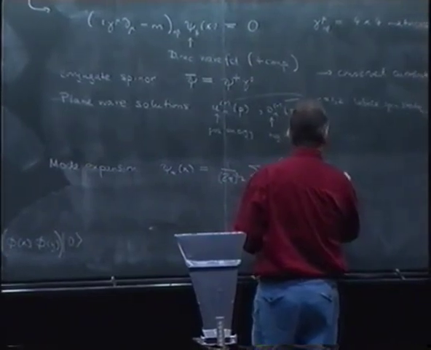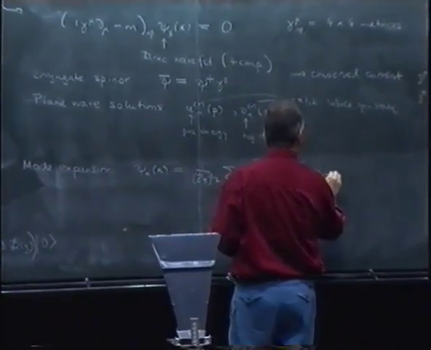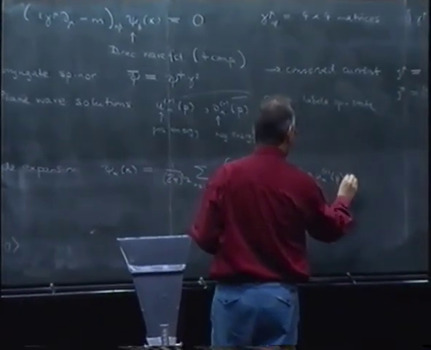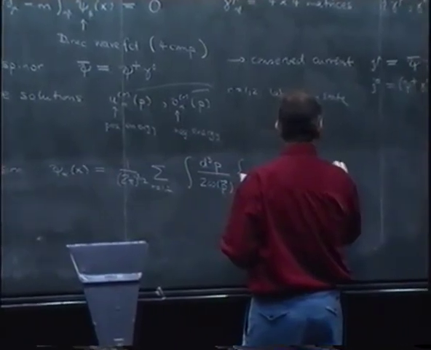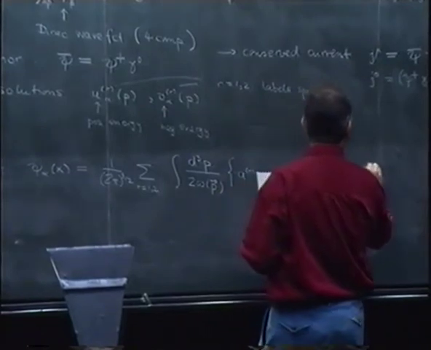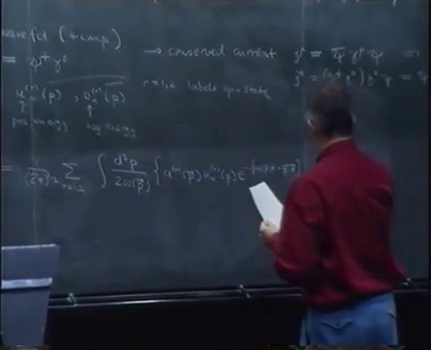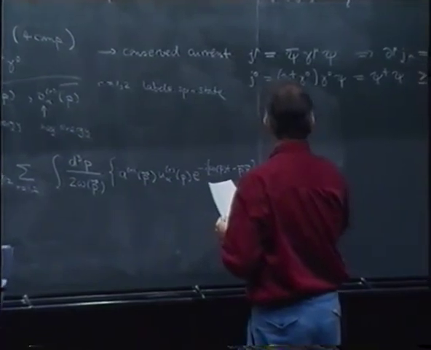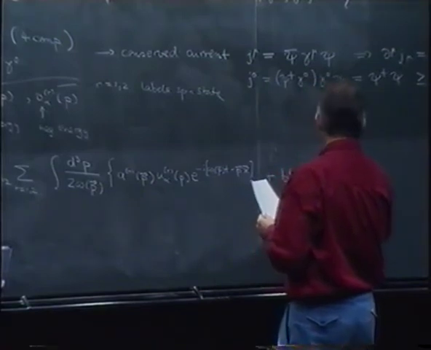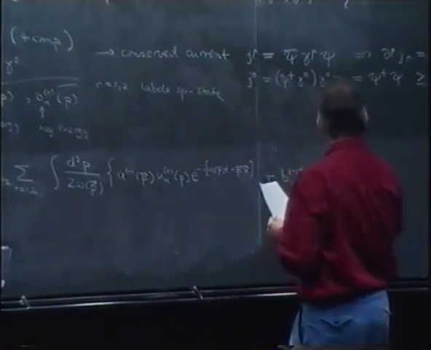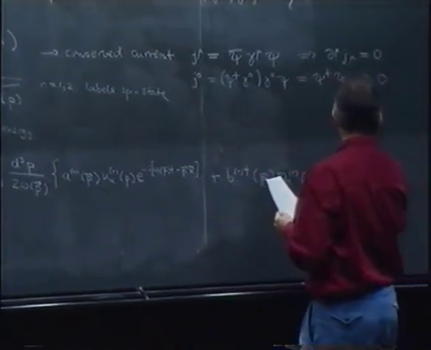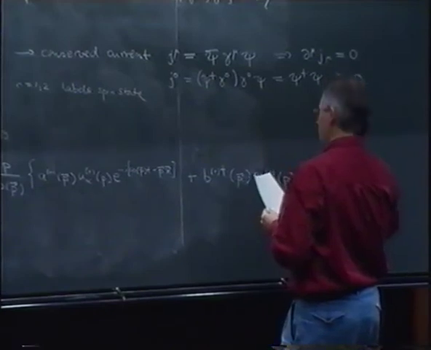Now we have a_r of p times u alpha r of p times e to the i omega of p times t minus p x, plus b dagger r of p times v alpha r of p, e to the minus i omega of p times t minus p x.